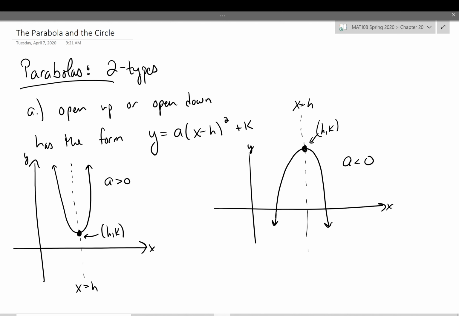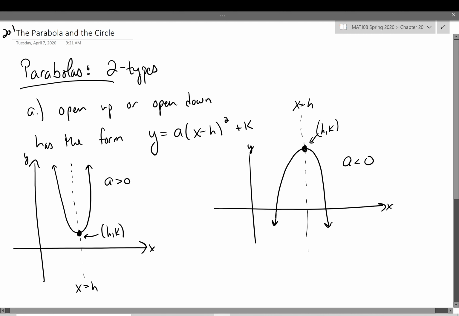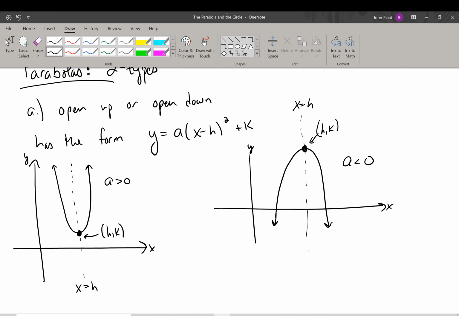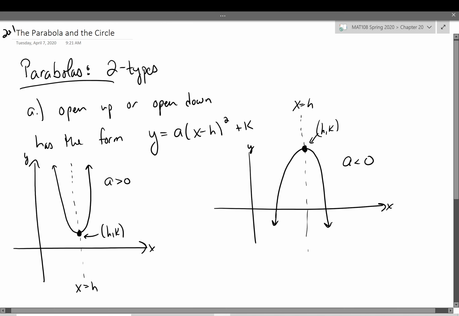So here we go. 20.1 is the parabola and the circle. Now, the two parabolas that you can see on the screen right now, we are extremely familiar with. We know that the parabola will open up if that letter A is greater than 0.